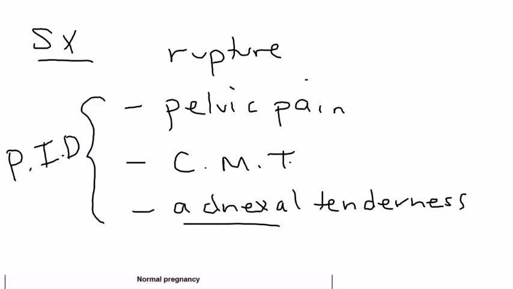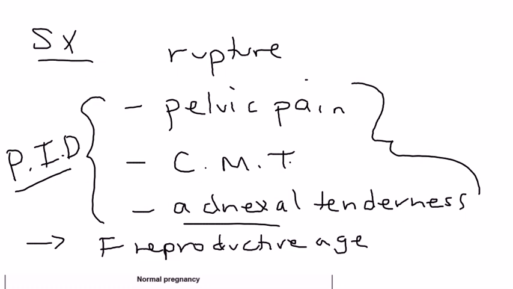So how do you know if a patient presents, or even on a licensing exam, if you have these things mentioned in the vignette? How do you know that it's pelvic inflammatory disease or ectopic pregnancy? Well, one of the key things that you need to look for is, in ectopic pregnancy, you should suspect an ectopic pregnancy in any female of reproductive age who has these symptoms but also has vaginal bleeding.